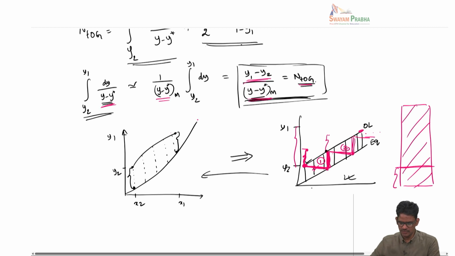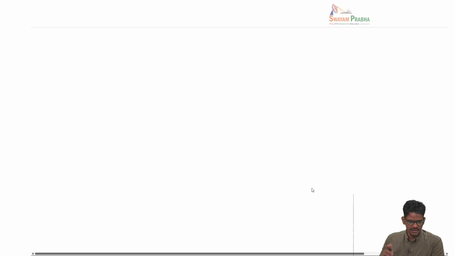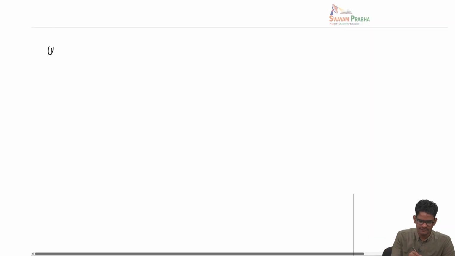Okay, so let me do that. Here I am going to show it in stepwise operations. Graphical method. The first step is to draw the equilibrium line.